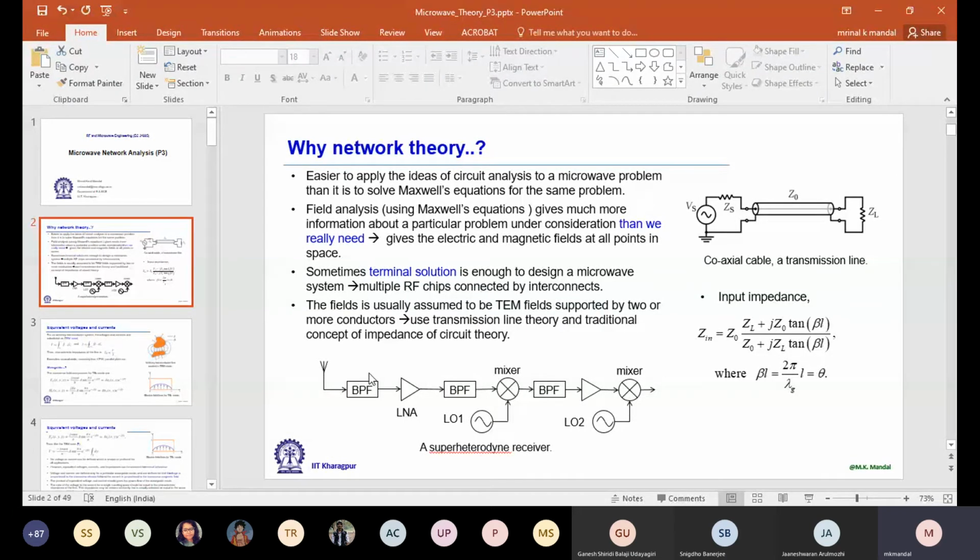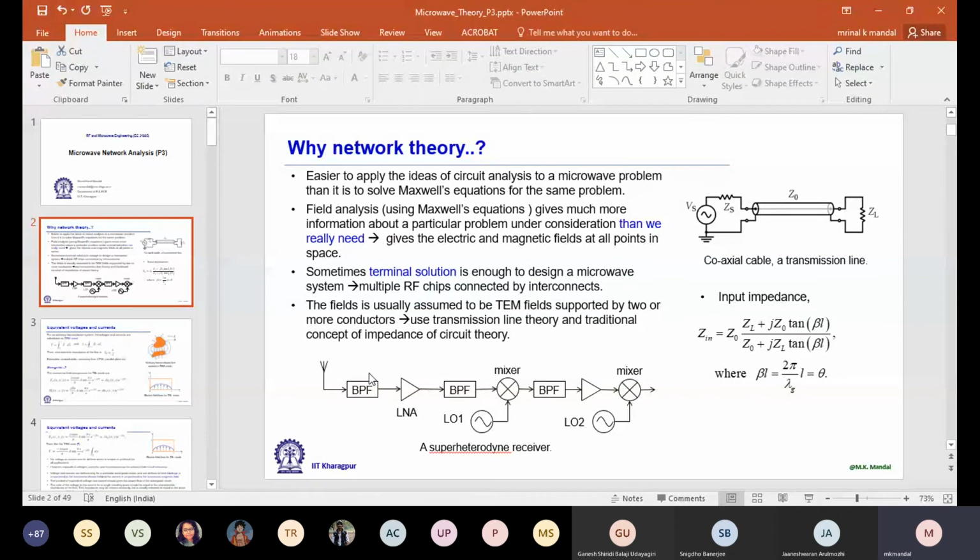Then, if we need the terminal behaviors, that should be enough for most of the system designers. What does that mean? This is the difference between a system engineer and a microwave engineer. As a microwave engineer, you have to design a bandpass filter or a low noise amplifier.